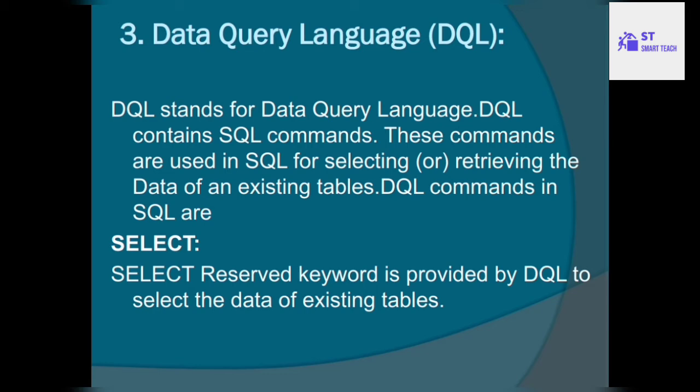Select is nothing but displaying the contents in the table. Select is a reserved keyword provided by DQL to select the data of an existing table. So already existing table's data is displayed by using the select command, okay. If you want to display all the contents, which means rows and columns of a table, then you need to use the select command, okay.